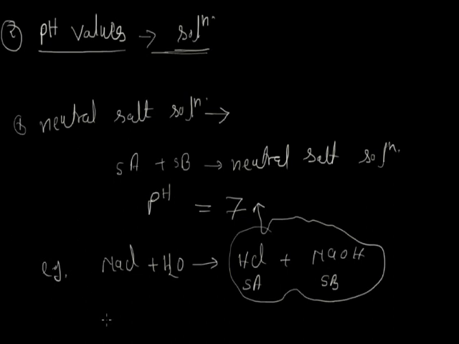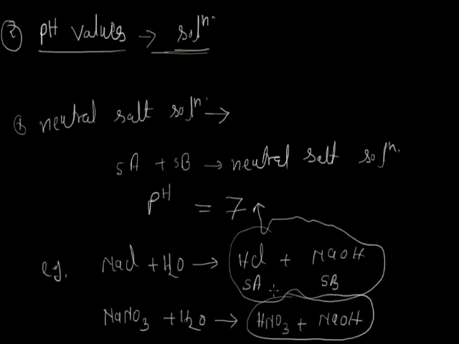Another example of this category is NaNO3, when dissolved in H2O. It gives HNO3 plus NaOH. It is again termed as neutral salt solution.